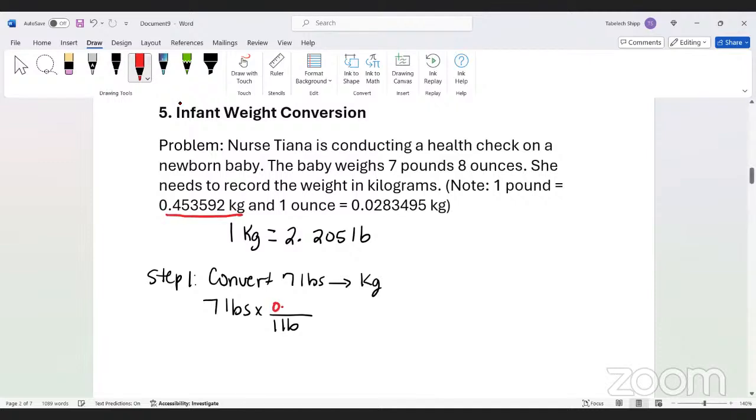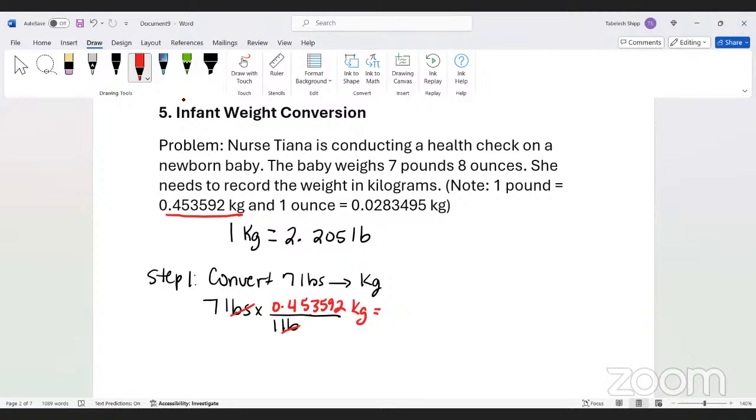The 0.453592. Again, we're going to cancel out our pounds here, okay? And again, that's 7 pounds for those of you out there that are looking at that number, not 71, that's 7 pounds. Okay. And we're left with kilograms.